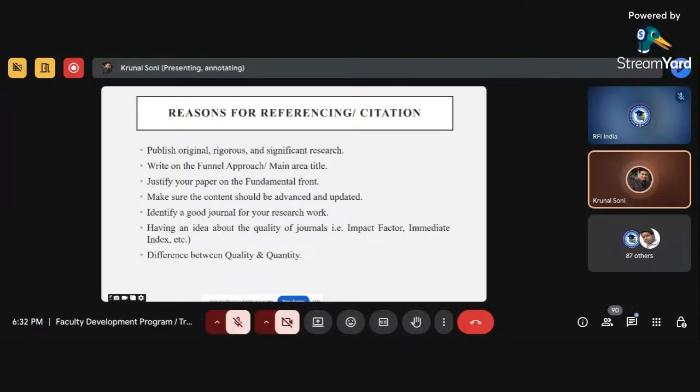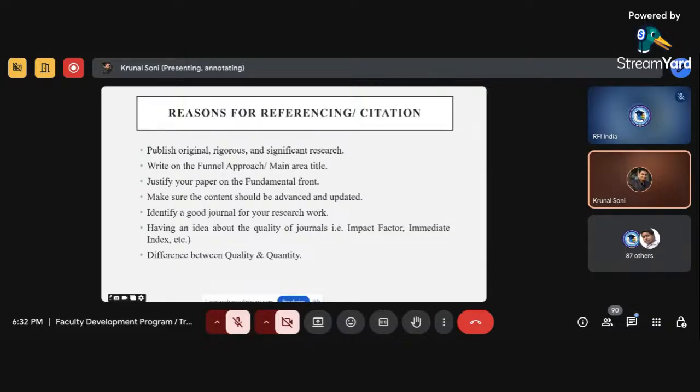Also, it helps us identify the quality of journals in terms of impact factors, and to receive immediate indexing for our research work. And lastly, to differentiate our research as qualitative or quantitative.